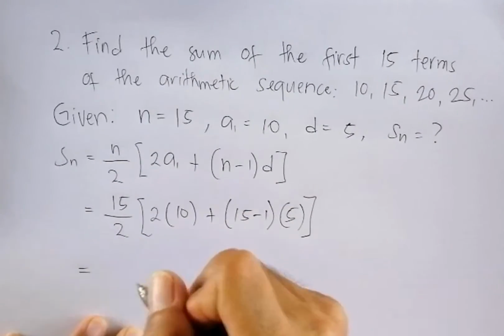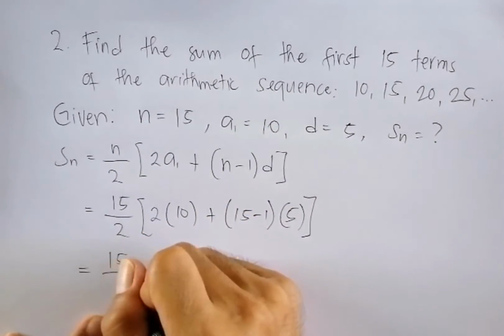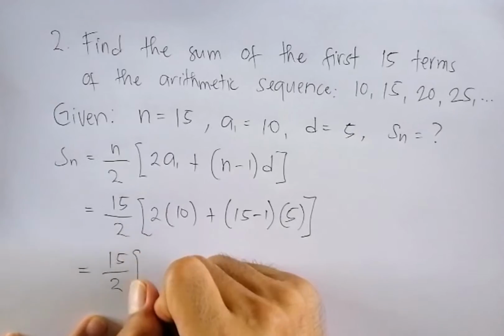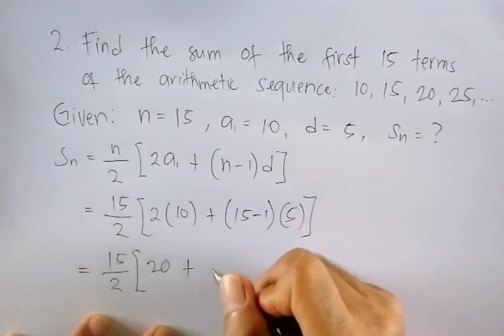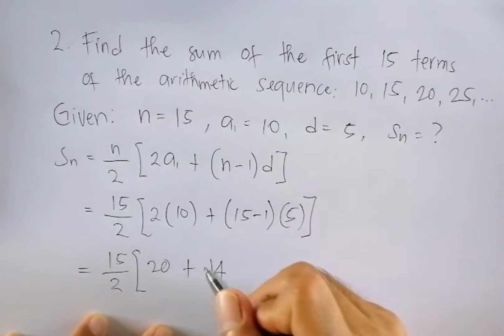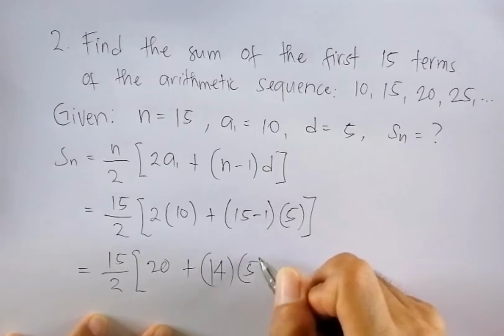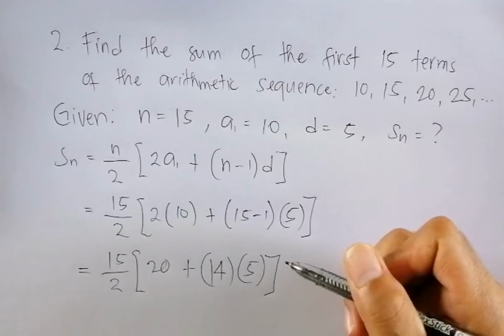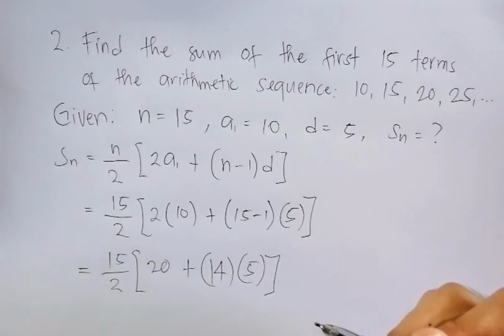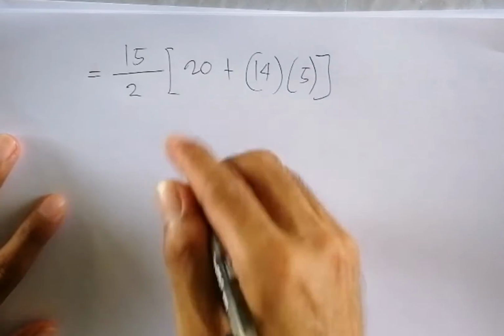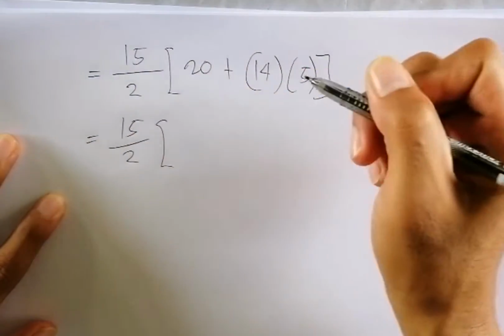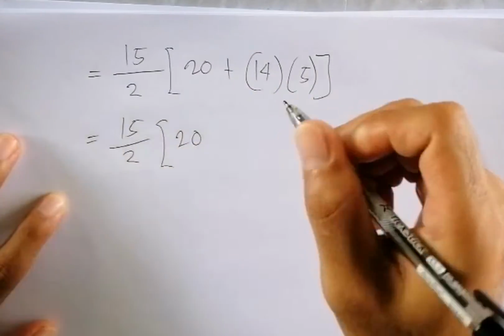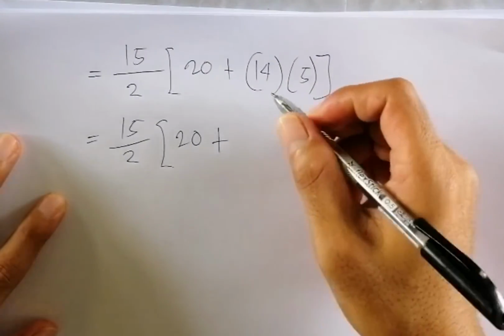So it is equal to 15 over 2 times the quantity 20 plus 14 times 5, that is 70.